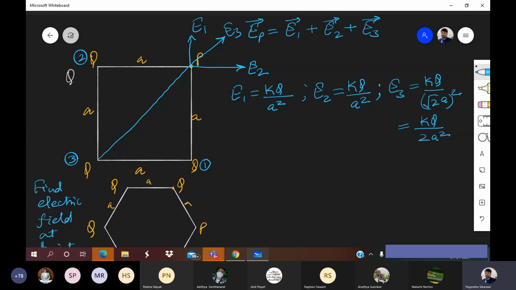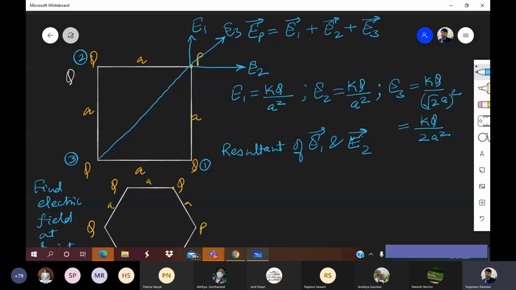But these are vector quantities, mind it. E1 is upward, E2 is towards right, and E3 is along the angle bisector, right? So we need to find their resultant. So first of all, I am going to find the resultant of E1 vector and E2 vector.